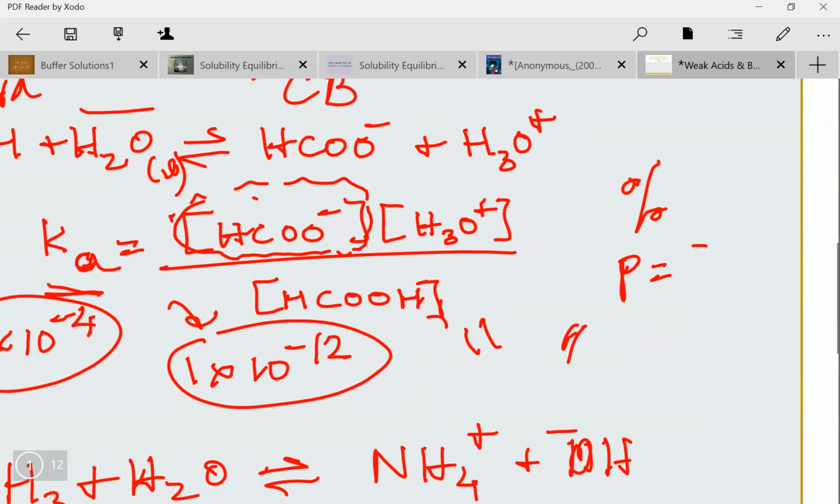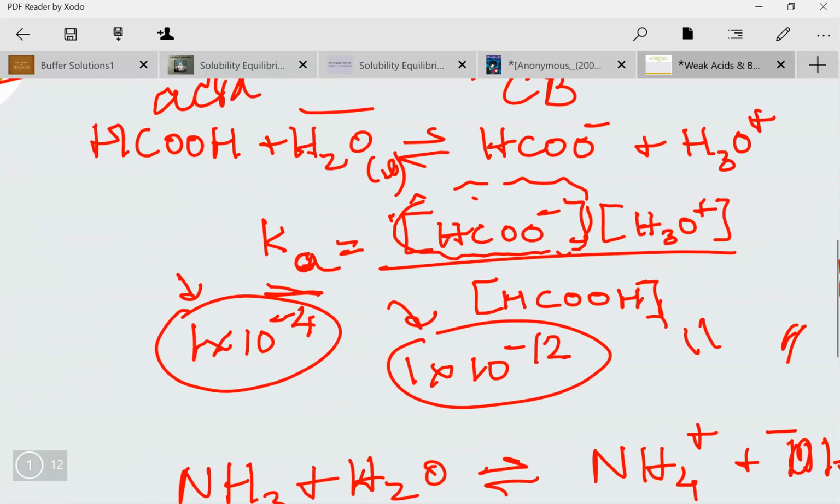So percent ionization is H3O plus divided by HCOOH times 100%. So it's very similar to our Ka, and it also gives you the extent of the reaction. It tells you how much acid is ionized, or how much H plus I'm getting.